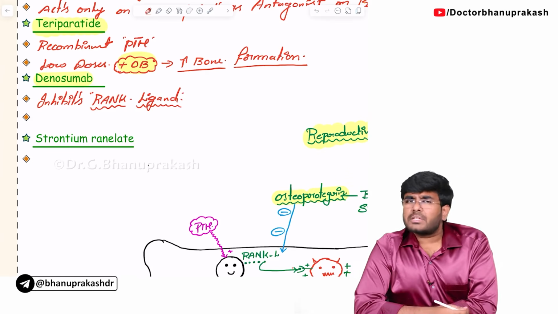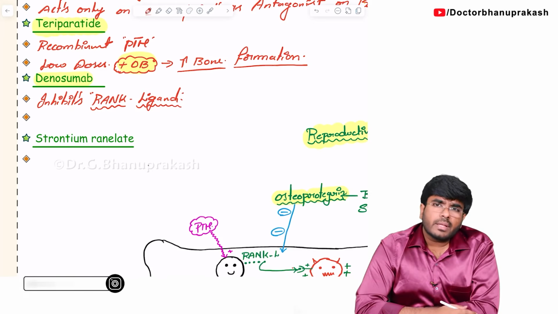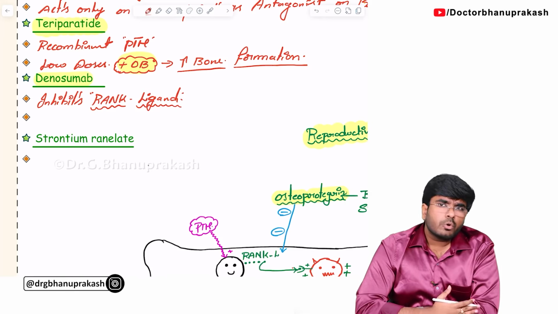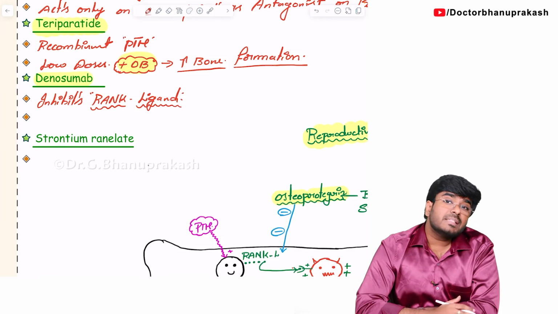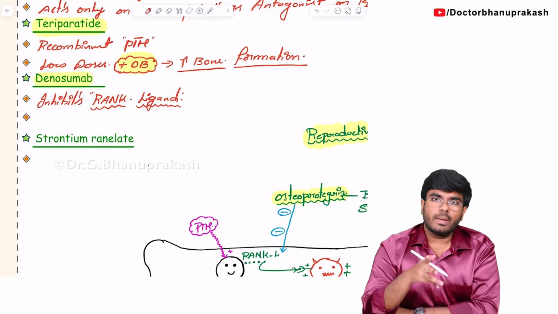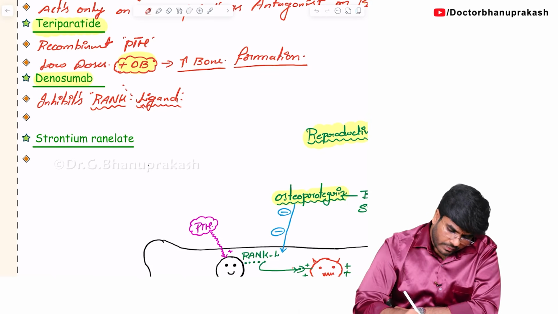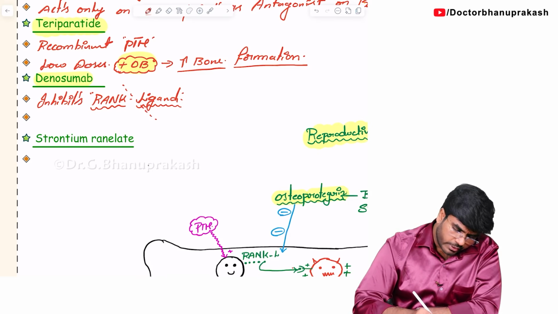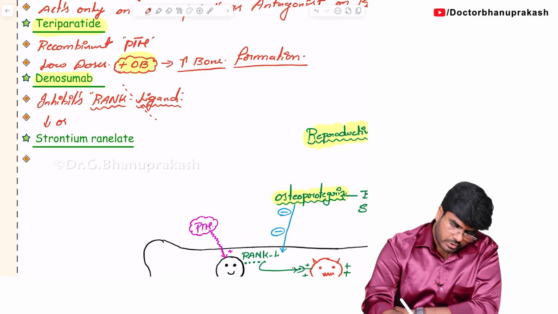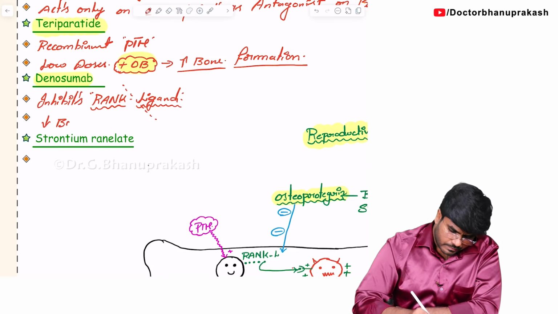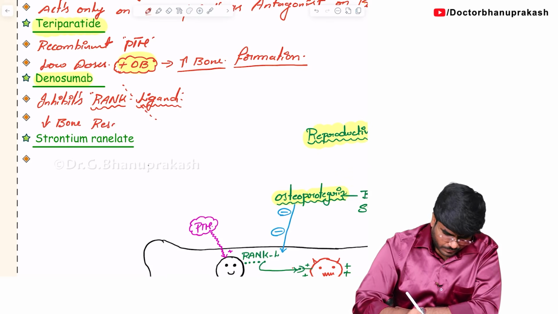I have told you who actually inhibits the RANK ligand in a reproductive age group female: the RANK ligand is inhibited by osteoprotegerin. In a postmenopausal female, osteoprotegerin is not there. So you are going to use a drug which mimics osteoprotegerin, which acts like osteoprotegerin. That is denosumab. It will go and inhibit the RANK ligand. So there is no more RANK ligand in the body. Whenever RANK ligand is not there, what is it going to do? It's going to decrease the bone resorption.